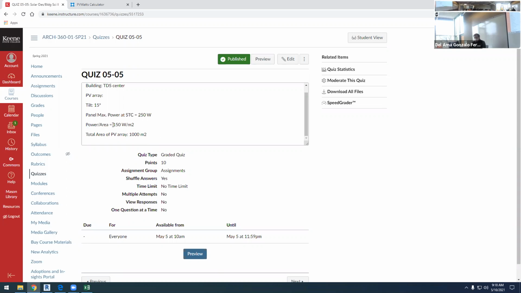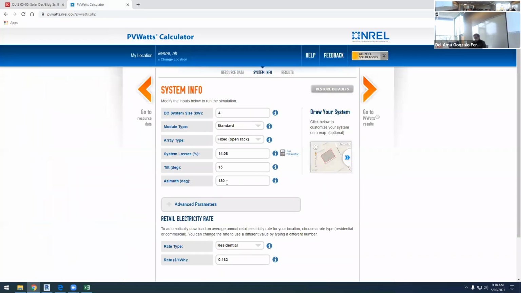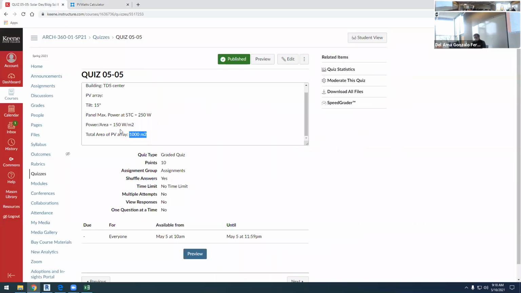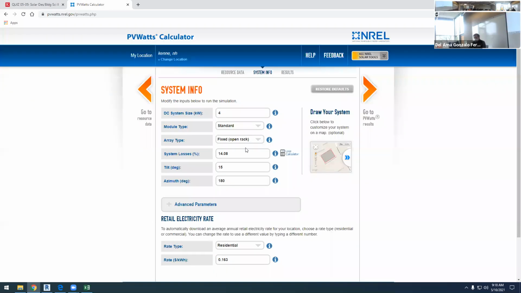In this case it is 150 watts per square meter times 1,000 square meters. So the DC power will be 150,000 watts. Since here we have to introduce kilowatts, we have to type 150 kilowatts.